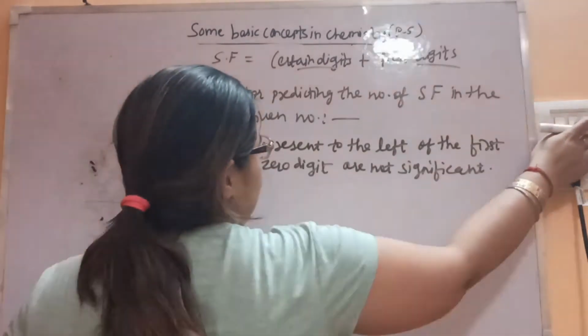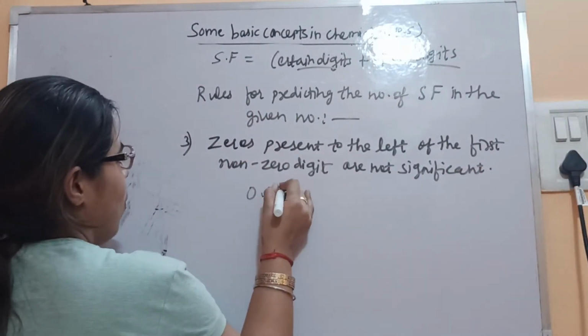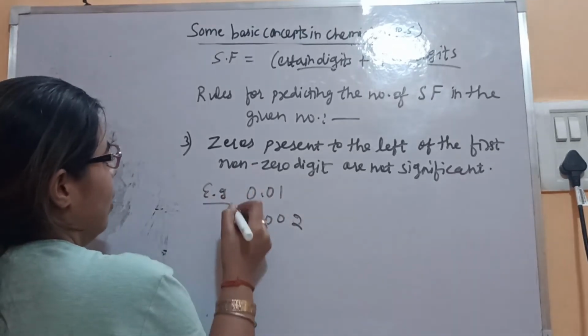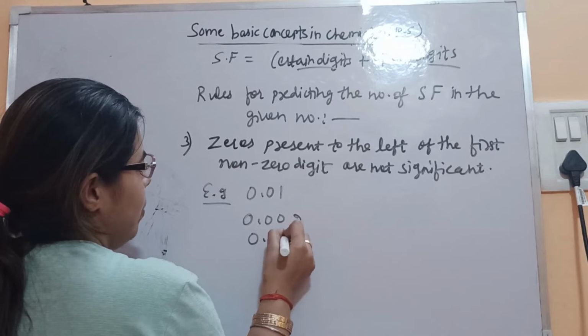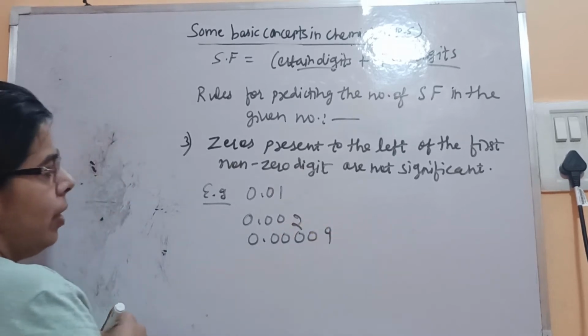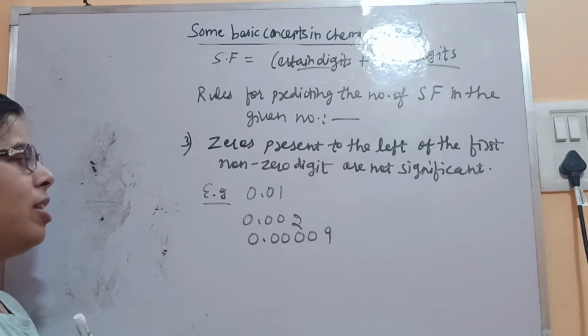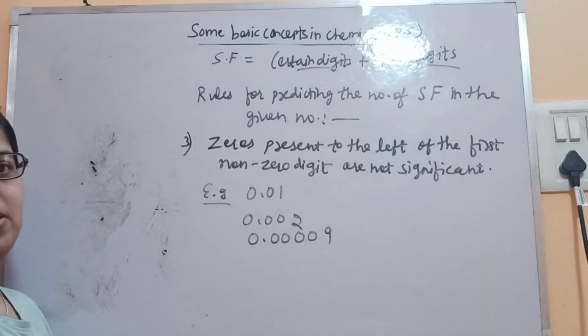For example, 0.01, 0.0002, 0.00009. These zeros are not significant, because they only indicate the position of the decimal places.